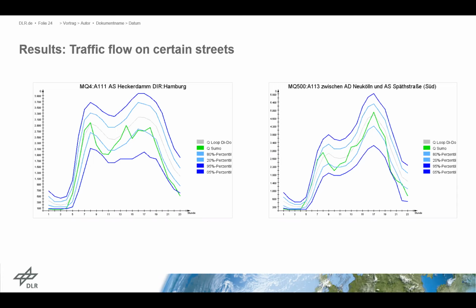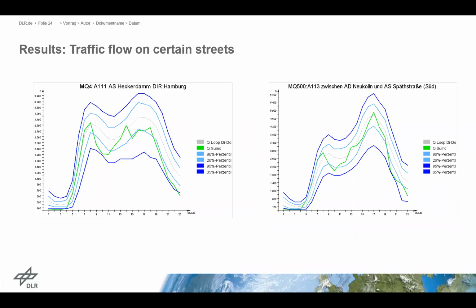As you see, the reported values are the light gray, and then you see the 20 and 80% percentile quantiles around it, and the green line is the SUMO result.